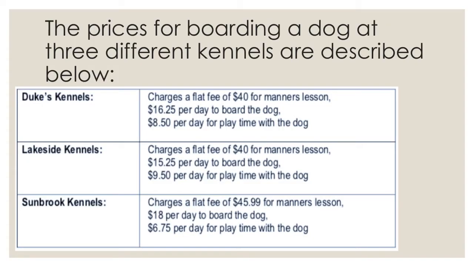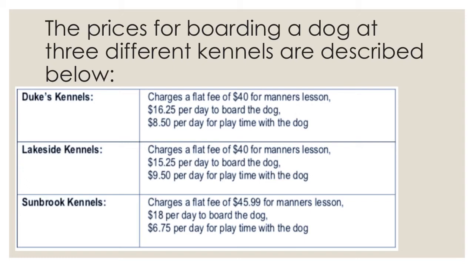The price for boarding a dog at 3 different kennels are described below. You'll find all of these in your guided notes. Duke's Kennel charges a flat fee of $40 for manners lessons, $16.25 per day to board the dog, and $8.50 per day for playtime with the dog.